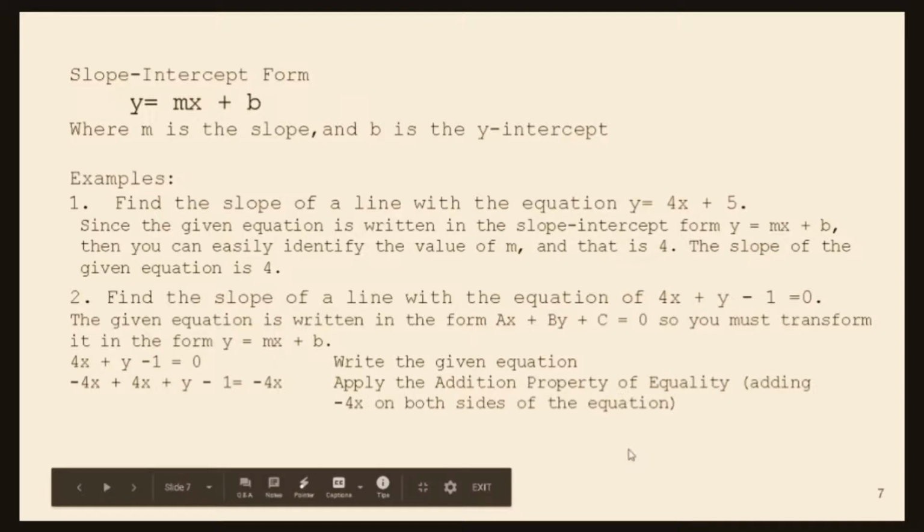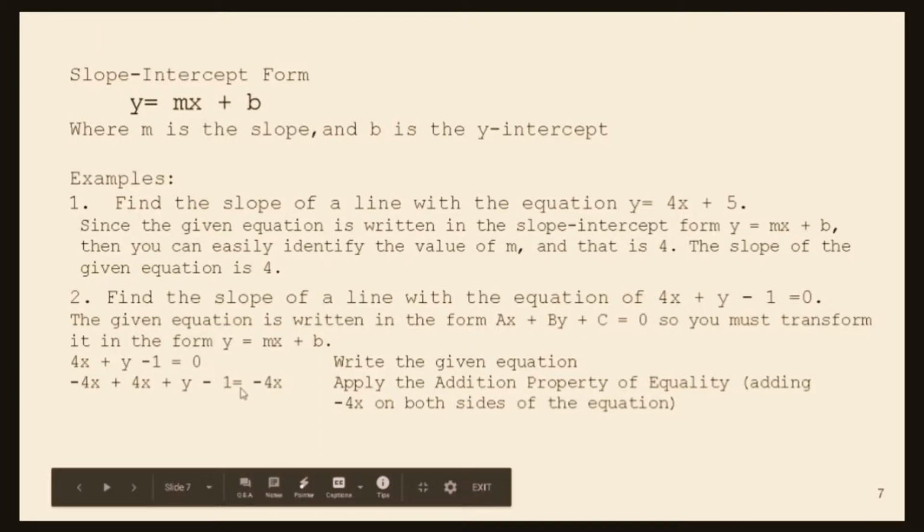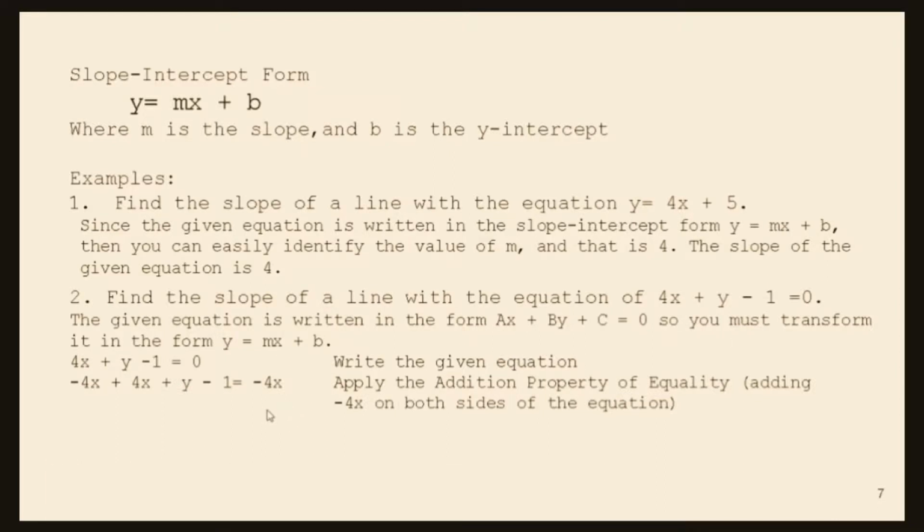So, what you will do is, to cancel out 4x, you will add negative 4x para maging 0 yan. So, dahil equality yan, kung ano yung dinagdag mo dito sa may left side, kailangan idadagdag mo rin sa right side. So, kung dinagdagan mo to ng negative 4x, kailangan yung right side may negative 4x din. So, ganyan nga yung mangyayari, 'di ba?